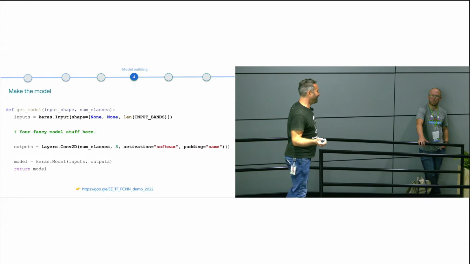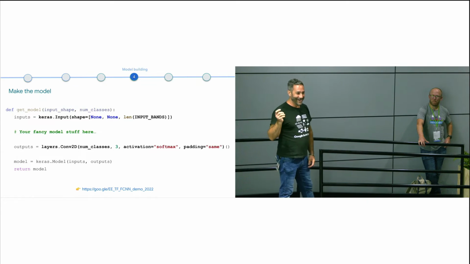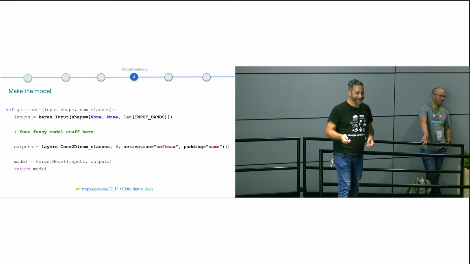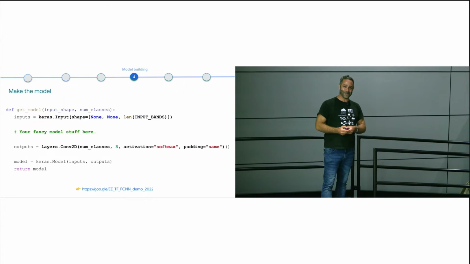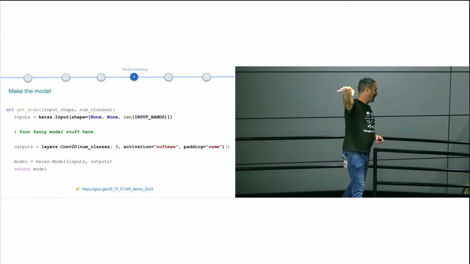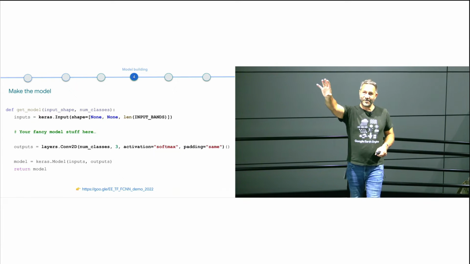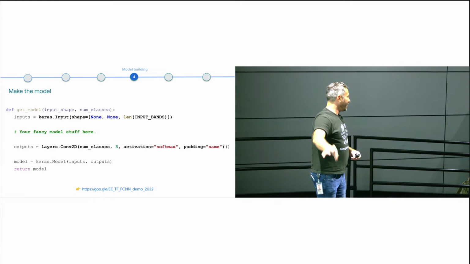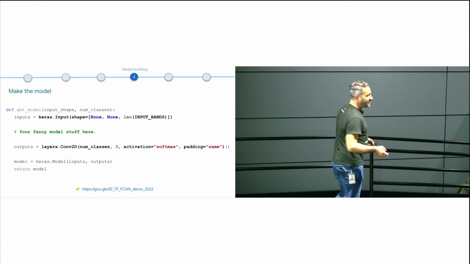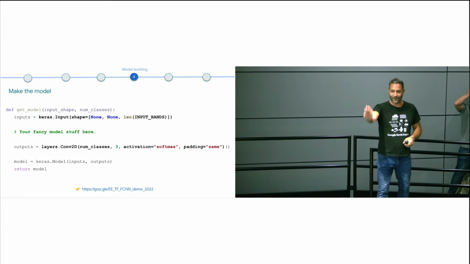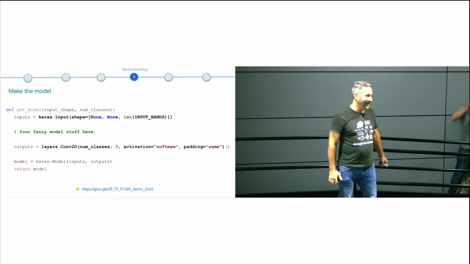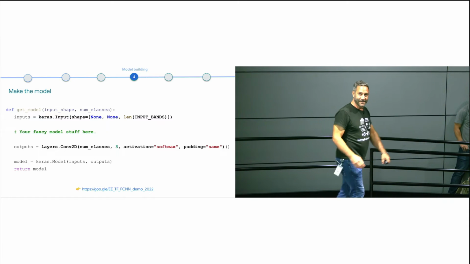And I really buy into that philosophy. So, you know, your fancy model stuff goes in the middle there. This is just something that I grabbed from the image segmentation from scratch page on the Curious website. That's what this model, the fancy stuff, is in the middle there. Substitute your own fancy stuff.